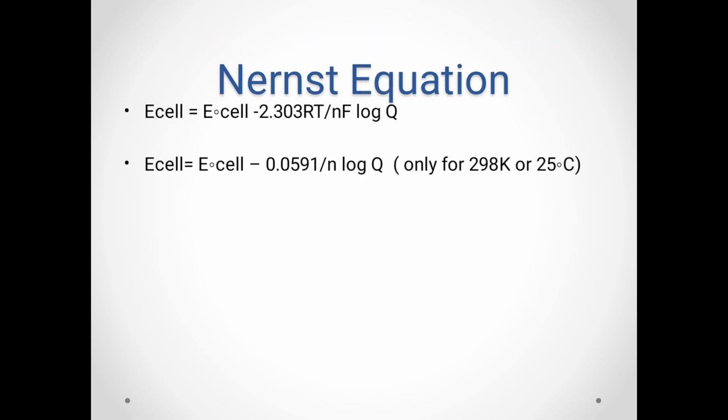Here you have the Nernst equation, which is given by E cell is equal to E naught of cell minus 2.303 RT upon NF log of Q. Now this 2.303 RT by NF, you can write as 0.0591 by N only if the temperature is 298. Be very careful. If it is 300 and so on, you need to substitute each and every value like R, T and so on.